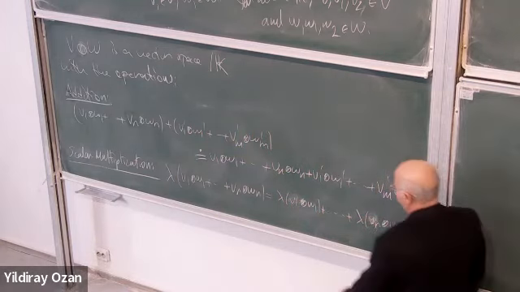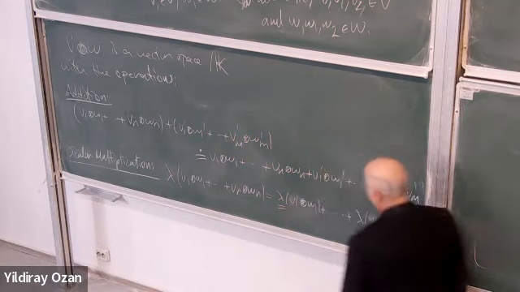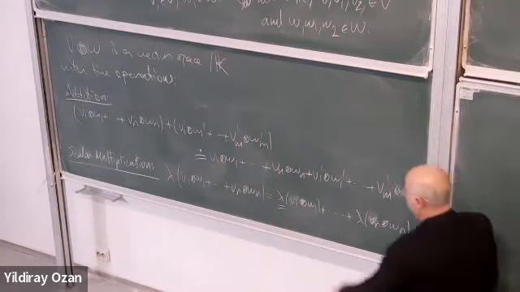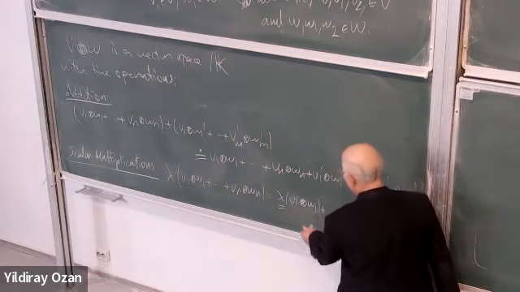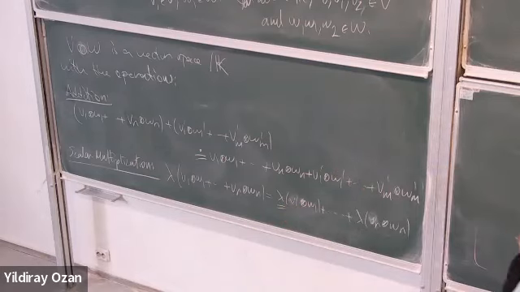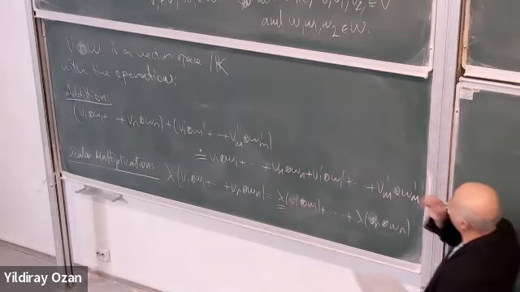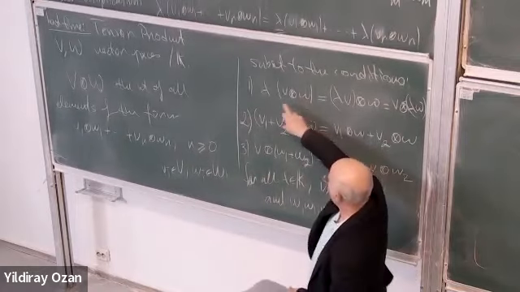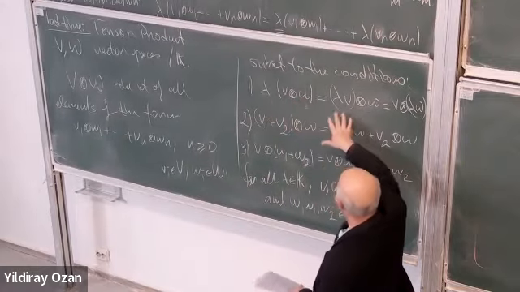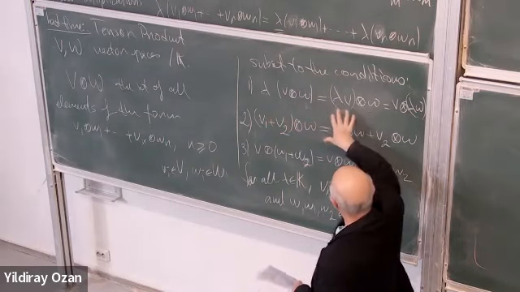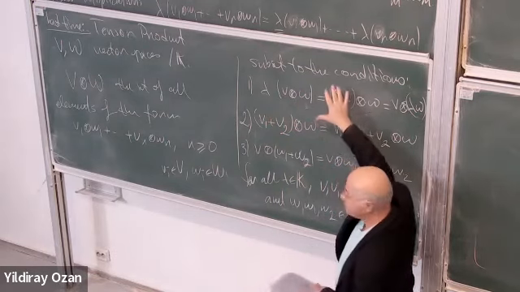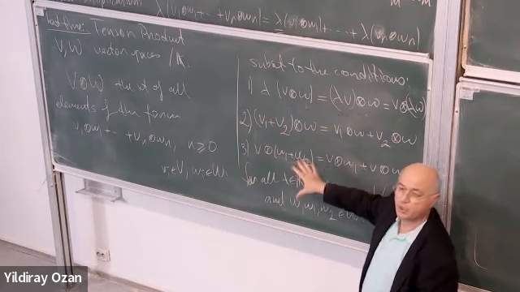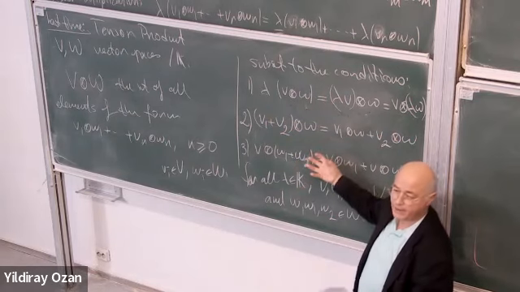And again, you can put lambda either in front of v or w. Both of them are the same, right? Because we have these two rules. These are our axioms. Okay, so these are the rules we accept.